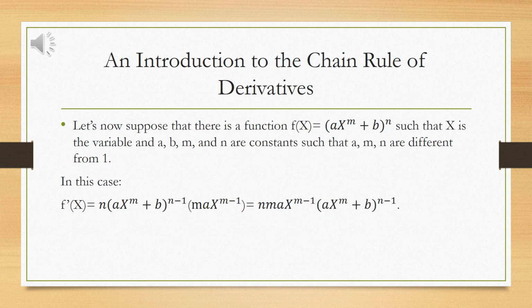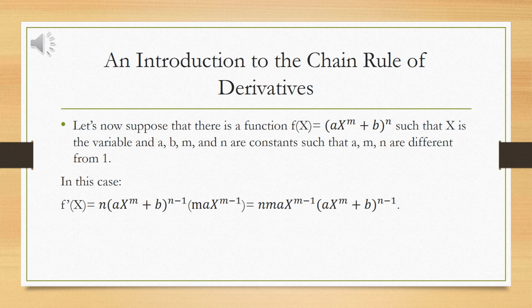Let's now suppose that there is a function f of x equals ax to the m plus b, all of it to the power n, such that x is the variable and a, b, m, and n are constants and a, m, and n are different from 1.